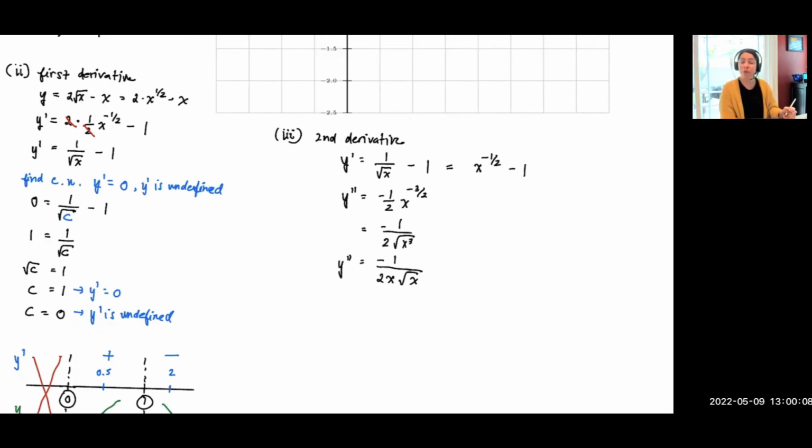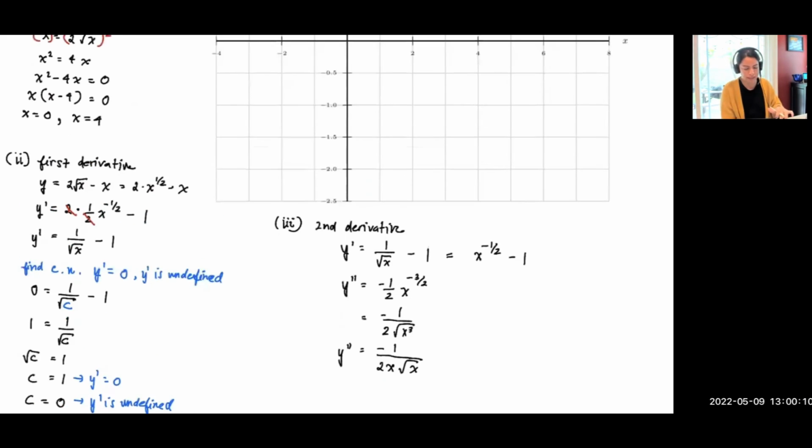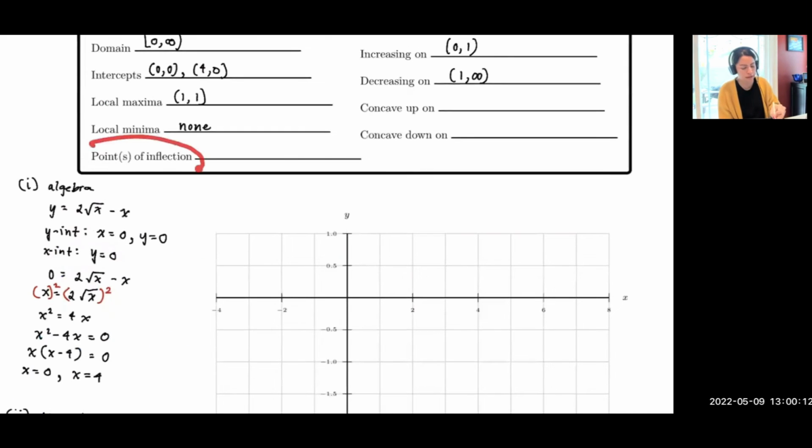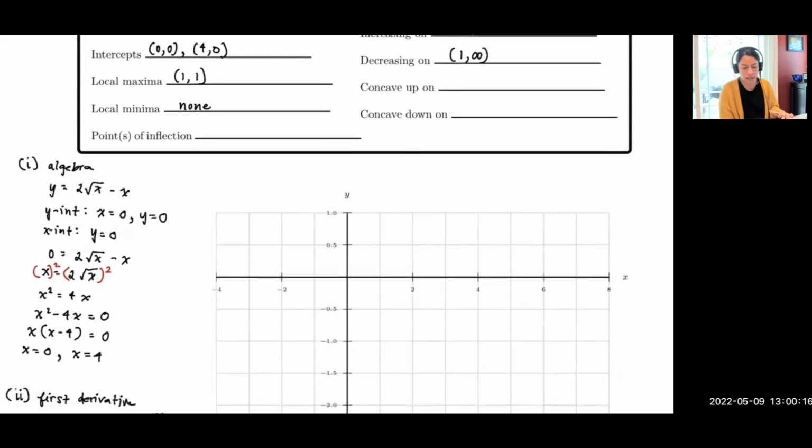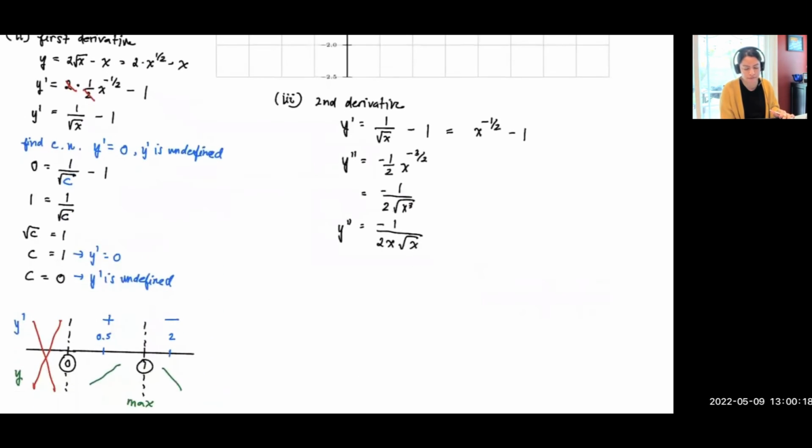That's great. But really, what do I need left? I need to determine if there are any points of inflection and if there are any intervals of concavity. So this means I'm going to find the critical numbers of the first derivative, critical numbers of y prime, which means I need to find when y double prime is 0 or undefined.